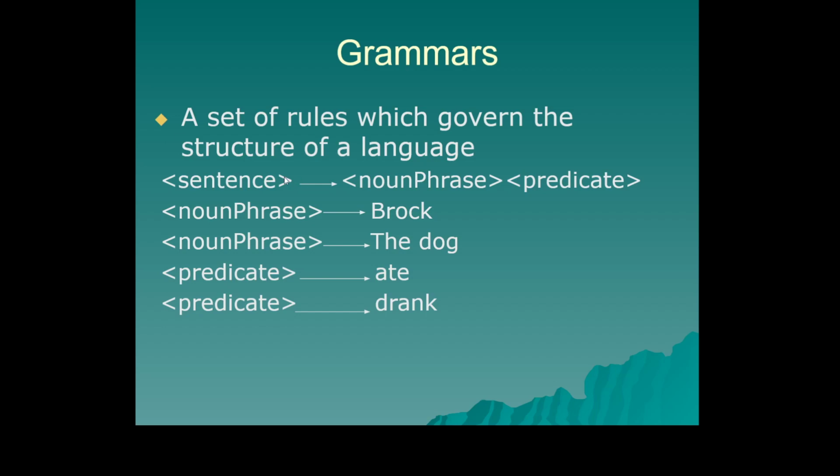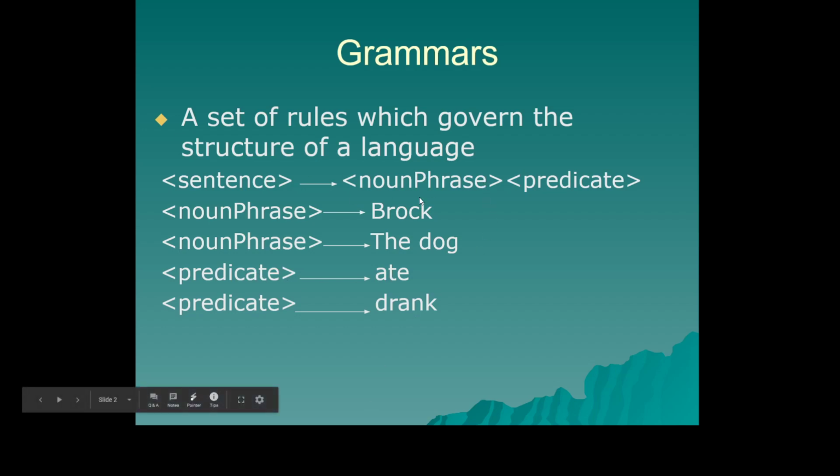So in this example here, I have a very limited language for which I'm writing the grammar. The grammar starts with a sentence, so we want a sentence in our language. Well, the sentence must contain a noun phrase and then a predicate, where the noun phrase can be Brock, the name of my dog, or it could be the dog. And then the predicate, the thing that follows, could be ate or drank.